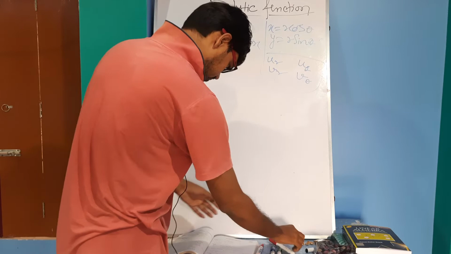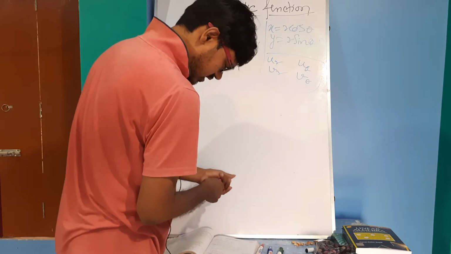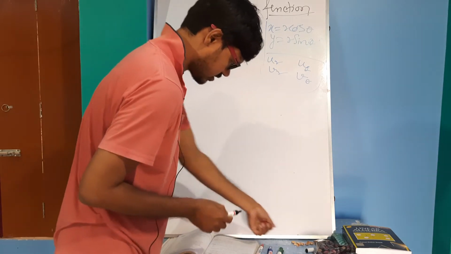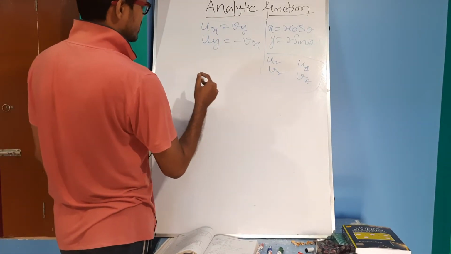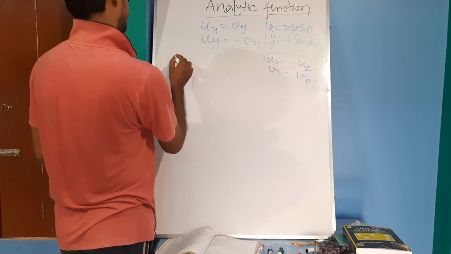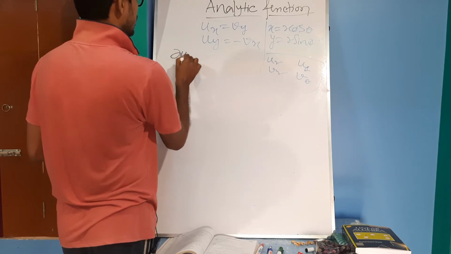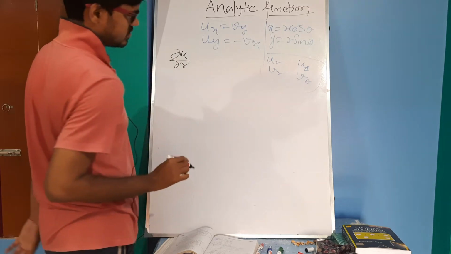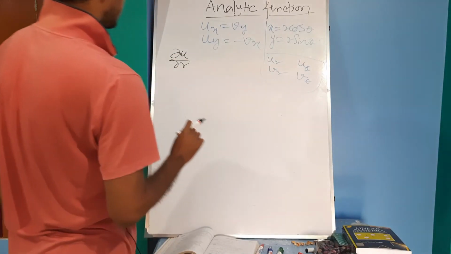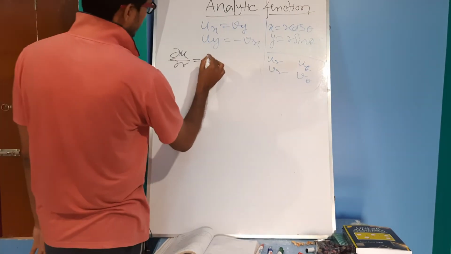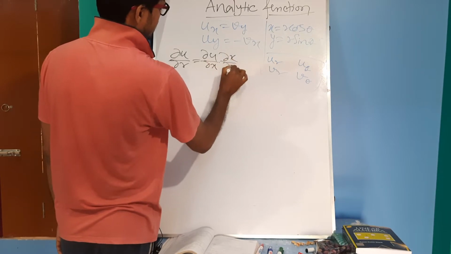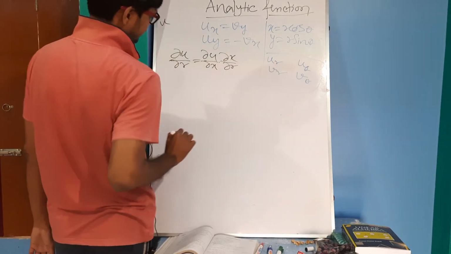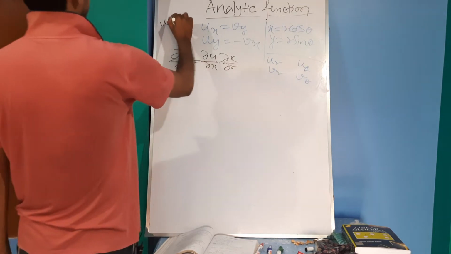Now let's start with del u by del r. We have to find the relation among these. So del u by del r will be equal to del u by del x into del x by del r, as u is a function of x and y.